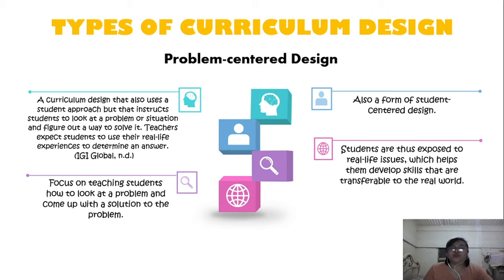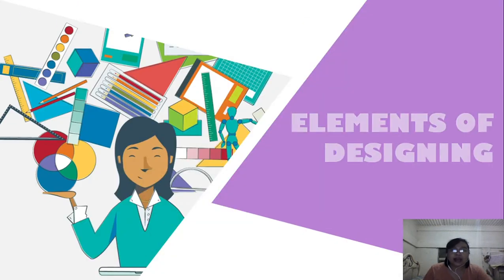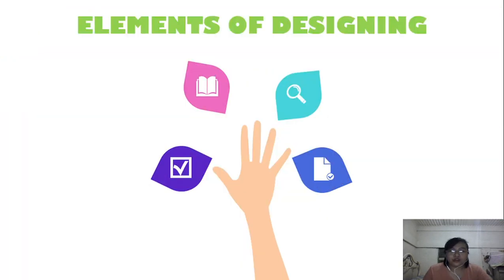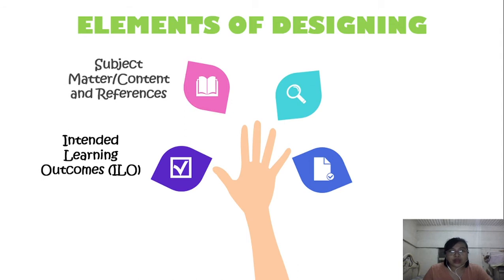So upon knowing the types of curriculum design, let us now move on to the elements of designing a curriculum. Let us now look at the major elements in designing a curriculum. First, we have the intended learning outcomes. In here, what learning outcomes need to be achieved. Next, we have the subject matter or the content and references.